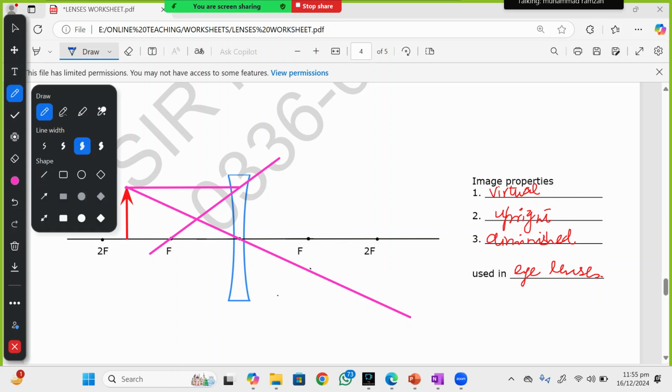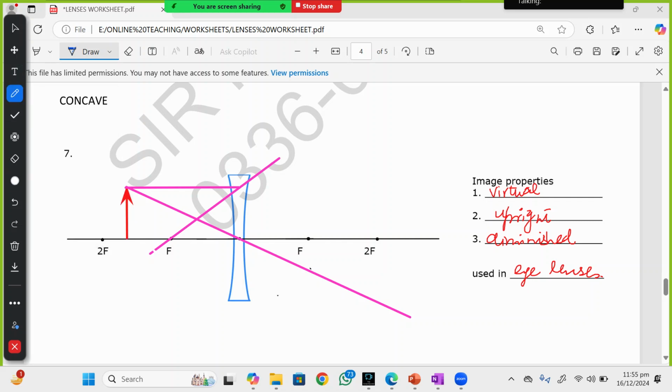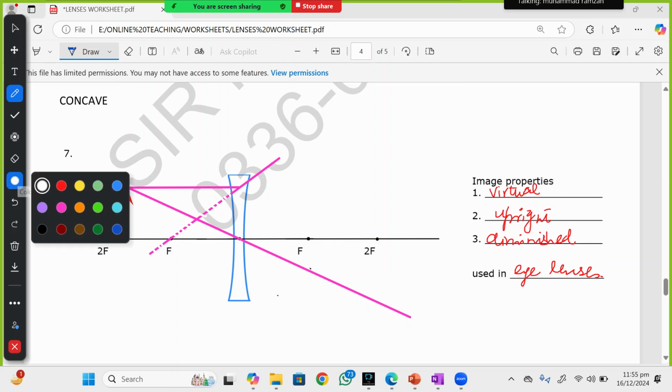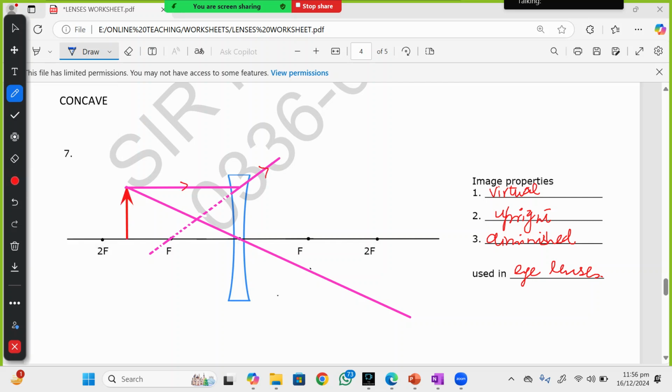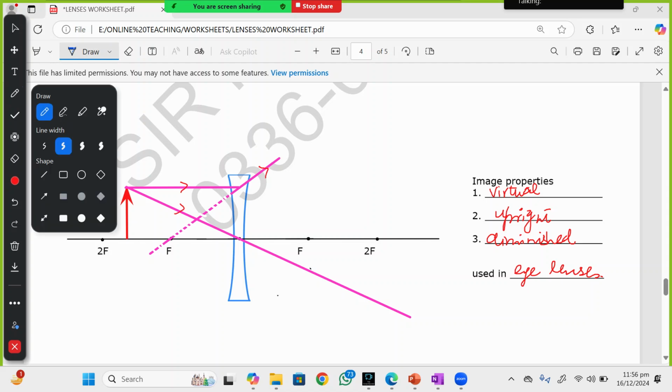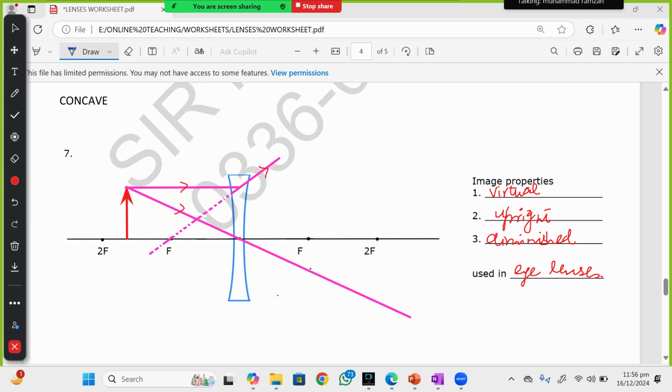So these light rays are going to meet and the image is formed here.